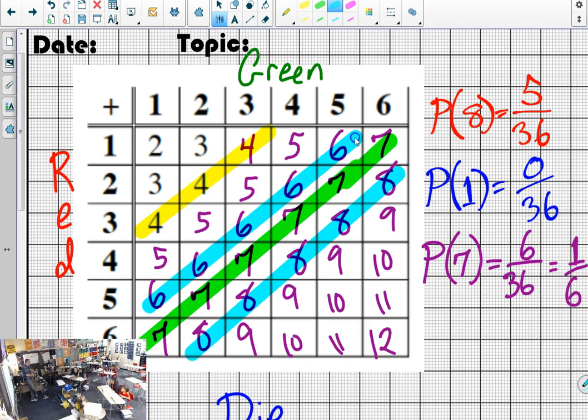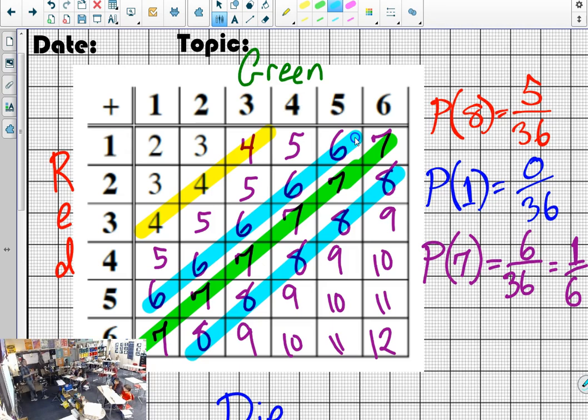So, Delaney, what do you think about who has a better chance of winning? Why do you think that? Gotta back it up with math.